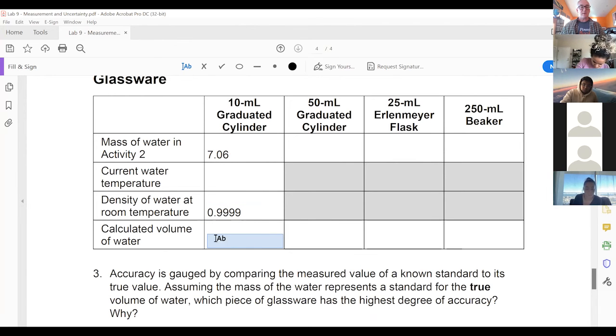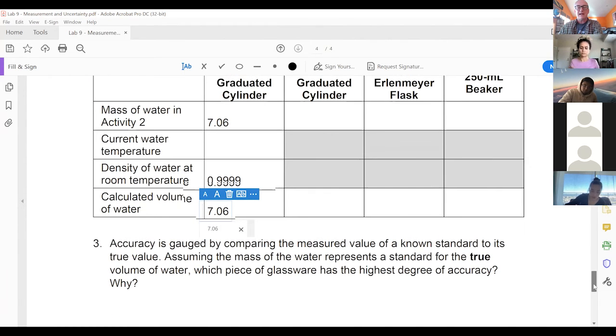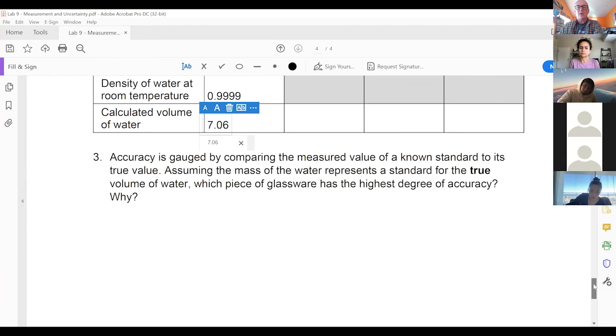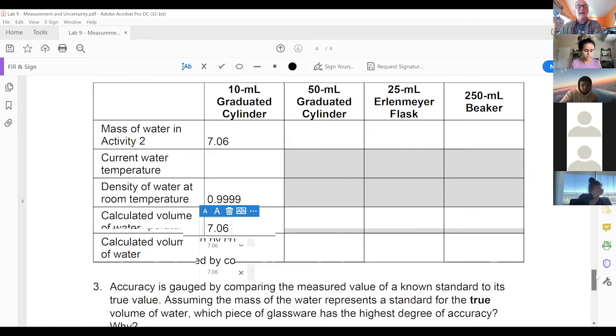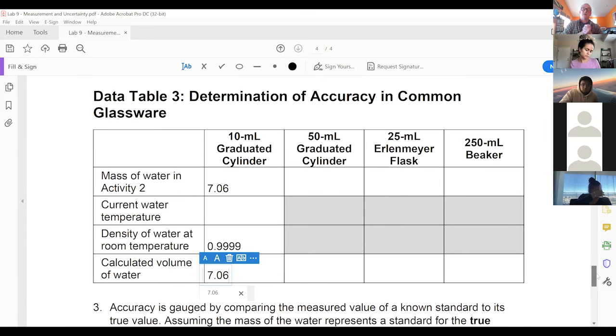That is not acceptable, what I'm writing. I calculated 0.076. These are the questions you'll have to answer afterwards as well: which piece of glassware has the highest degree of accuracy? And you have to justify your argument based on the measurements you're making, okay?